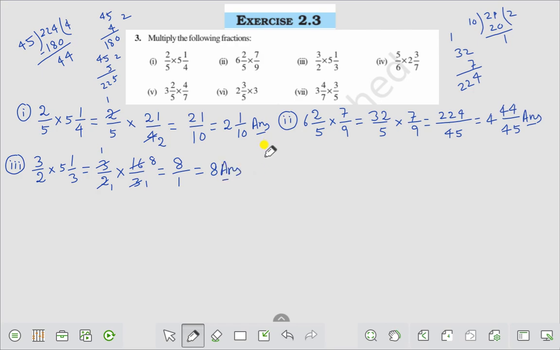Now question number 4. Question number 4 is 5 by 6 into 2 whole 3 by 7. Multiply the whole number with the denominator, that is 7 2s are 14, 14 plus 3 is 17, that is 17 by 7.